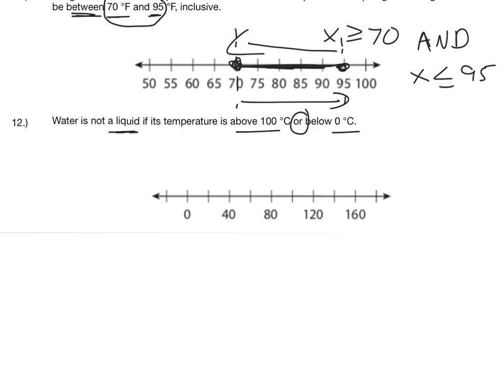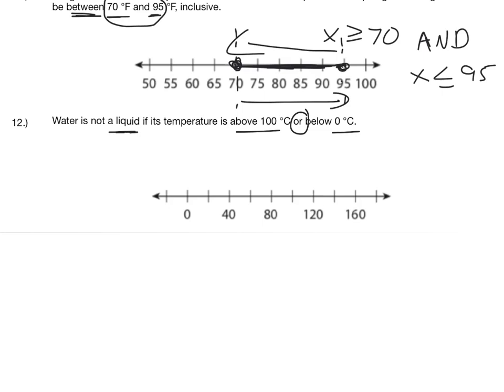If water's temperature is 70 degrees, it would be liquid. But if water's temperature was 105, 106, 107, and you could keep going forever, it would not be a liquid. And the converse is true as well. If we're on the negative side, -1, -2, -3 degrees Celsius, it would be a solid. So this is going to be an "or" compound inequality.